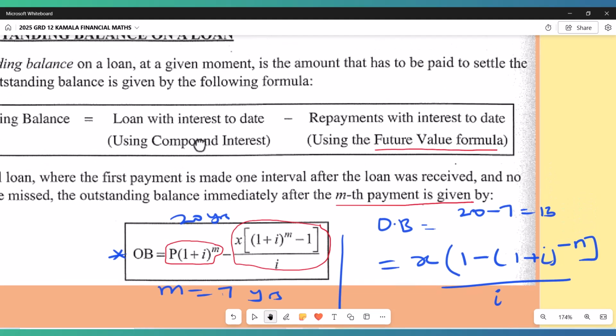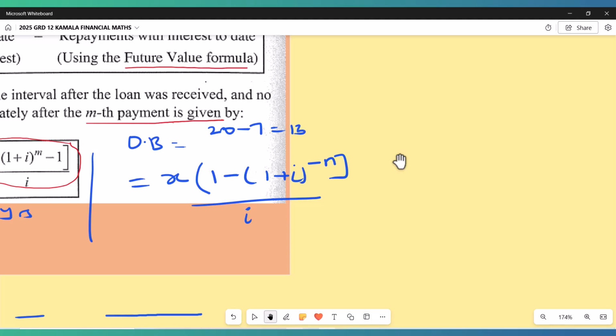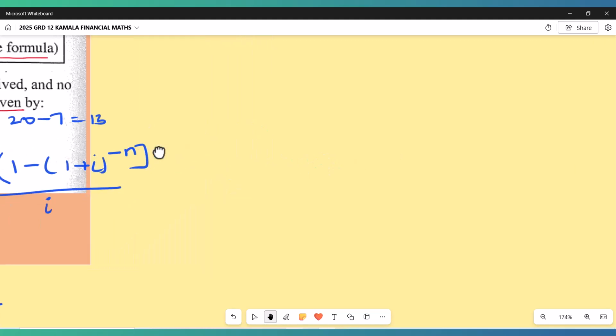We have the loan with the interest to date after the 10 payments minus repayments with the interest to date. So he has made 10 payments so far, and I'm going to use this formula. All right, here we go.